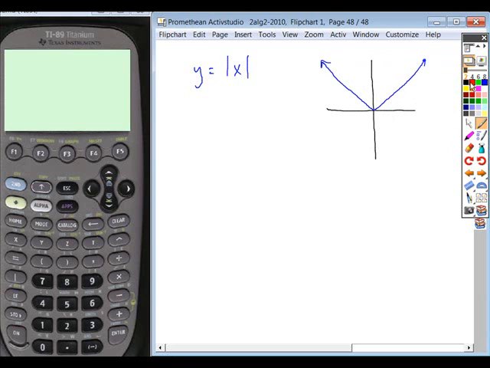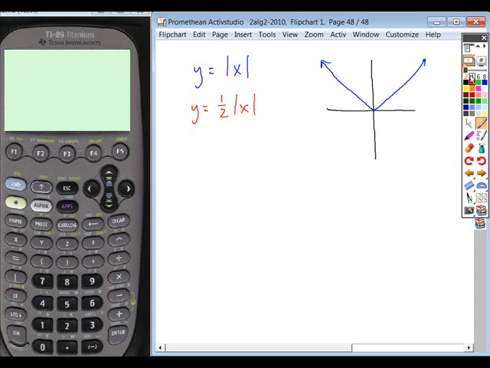Now, anytime I put some number in front of this, that number is going to shrink or stretch it. So it's positive, so that means our graph is still going to open up, but it's a fraction smaller than 1, so it's going to shrink it. It's going to make it a flatter graph.